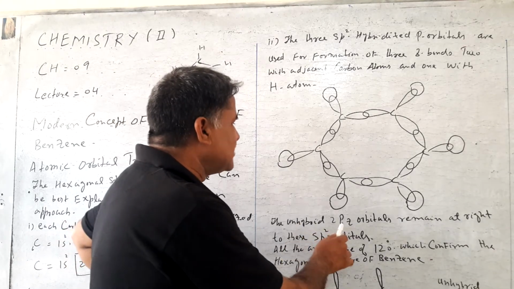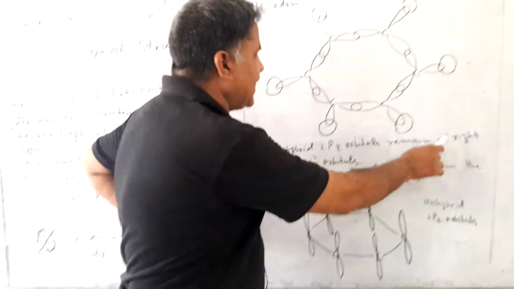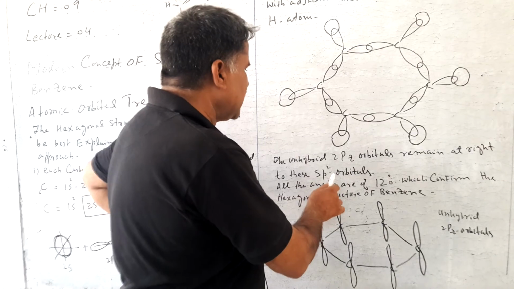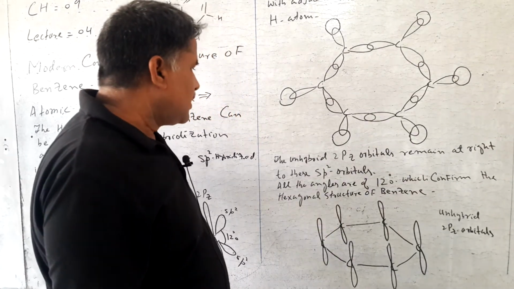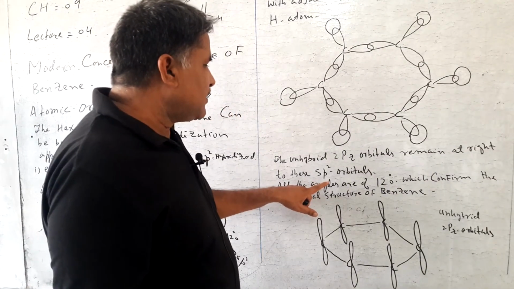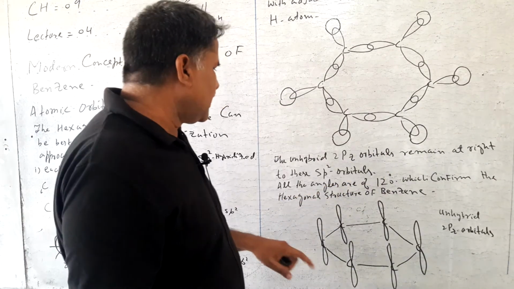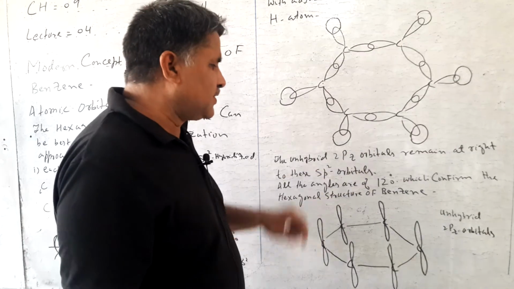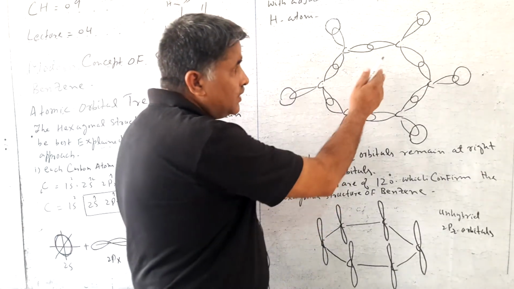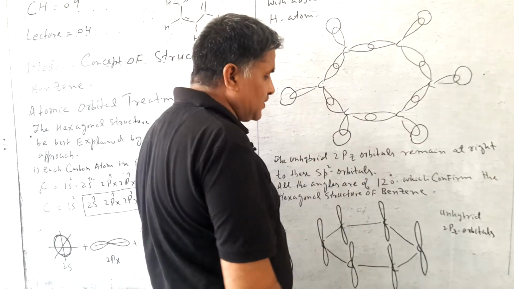Now the unhybridized 2pz orbital remains at right angle to these sp2 orbitals. All the angles in benzene are 120 degrees, which confirms the hexagonal structure of benzene.